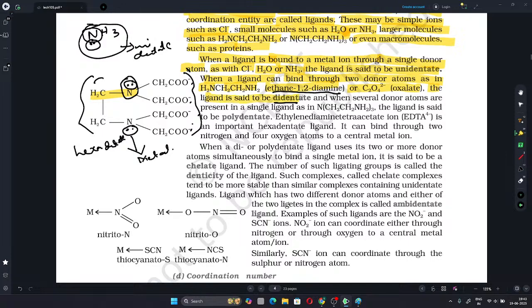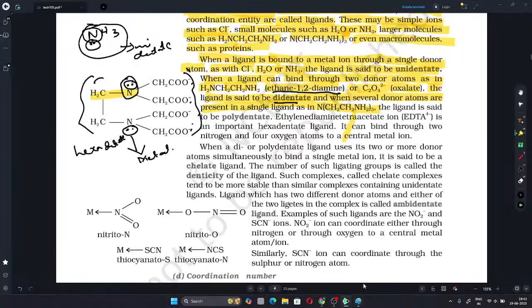The ligand is said to be didentate, and when several donor atoms are present in a single ligand, as in NCH2CH2NH2, the ligand is said to be polydentate.